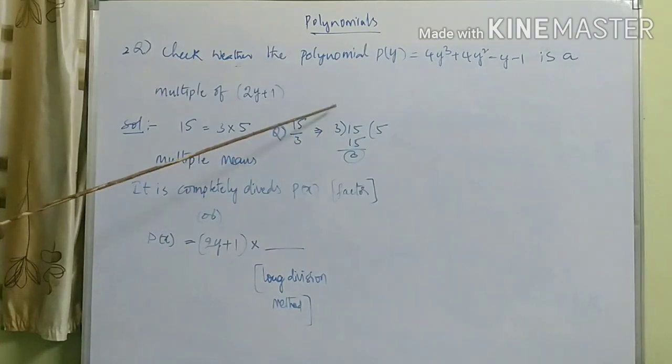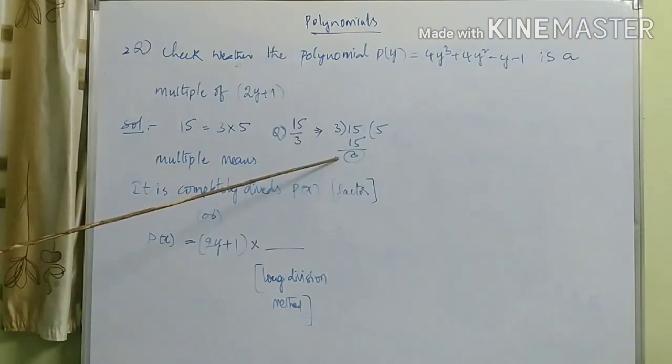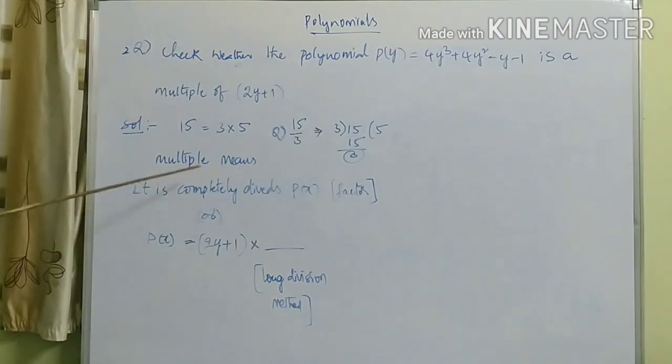So here 3 completely divides 15 and gives the remainder 0. So here multiple means it completely divides p of x. Here this is g of x. Check whether it completely divides p of x or not.